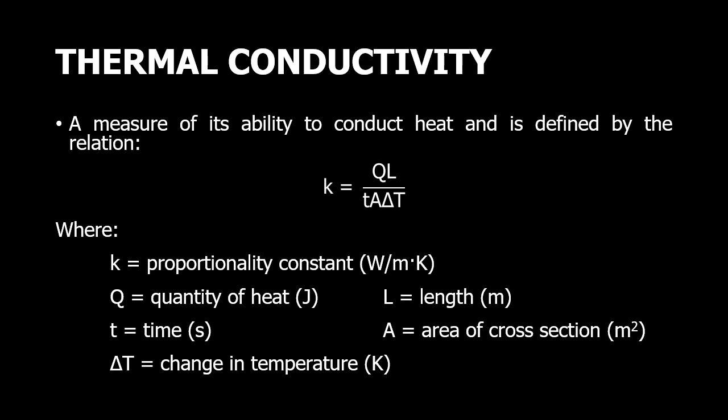So the value that determines whether a material is a conductor or insulator depends on its thermal conductivity, which is the measurement of its ability to conduct heat, which is defined by the relation K, your thermal conductivity, equals Q times L over T times A times delta T, where Q is your quantity of heat, L is your length, T is your time, A is the cross-sectional area, and delta T is your change in temperature.